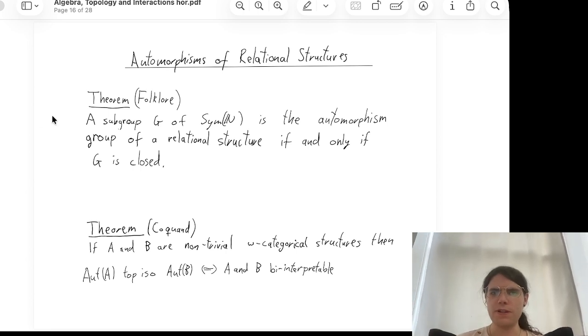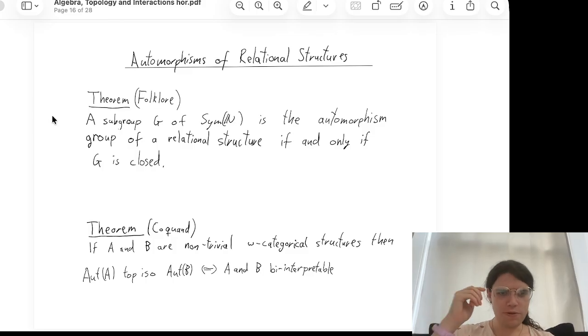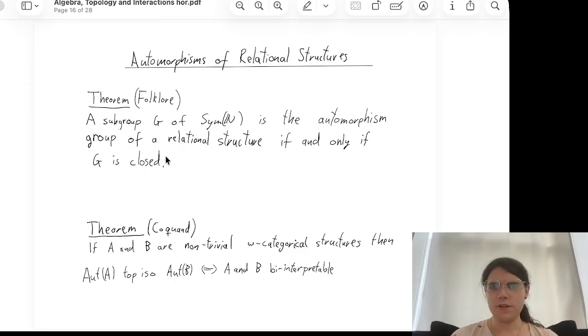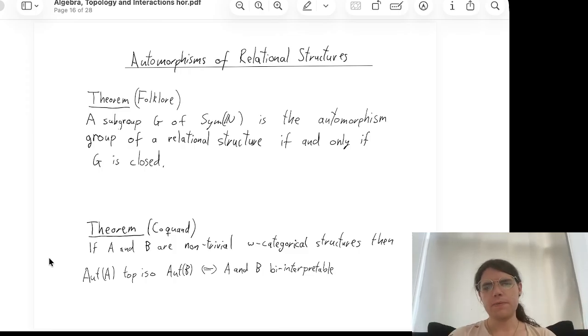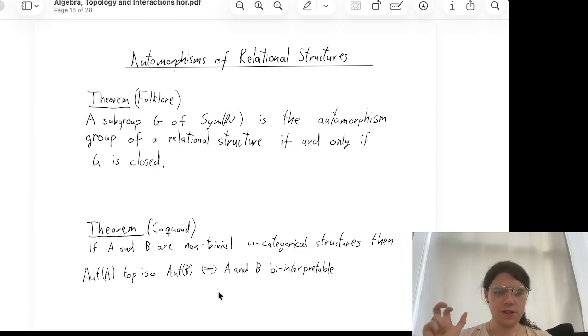There's a folklore result which says, similarly to before with endomorphism monoids, a subgroup is the automorphism group of a relational structure precisely if it's closed. So it works the same way as the previous two results. And there's a result which says that if you have two non-trivial omega categorical structures, then the automorphism groups are topologically isomorphic if and only if the structures are bi-interpretable.